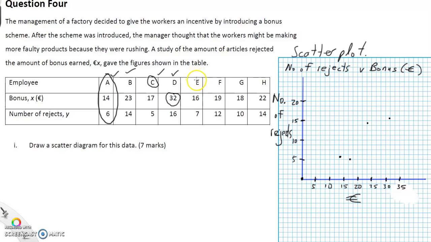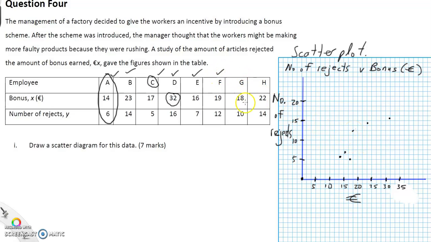And employee E is next, 16 euros, just over the 15, with 7 for the number of rejects. Somewhere about there. That's E done. F, 19 euros, almost to 20, 12 for the rejects. Somewhere there.